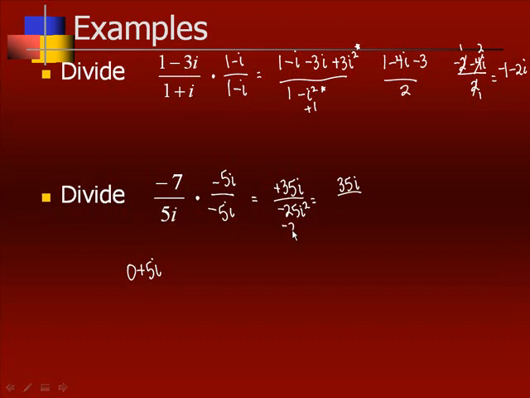I squared is negative 1, which would give us negative 25 times negative 1, which would give us a positive 25. Then we could cancel. 5 goes into 25 5 times, 5 goes into 35 7 times, so we get 7I over 5.